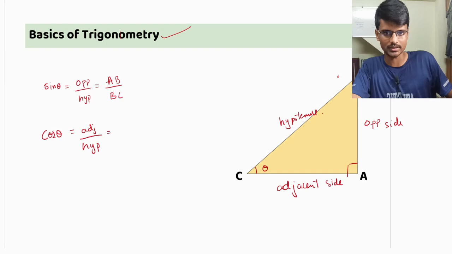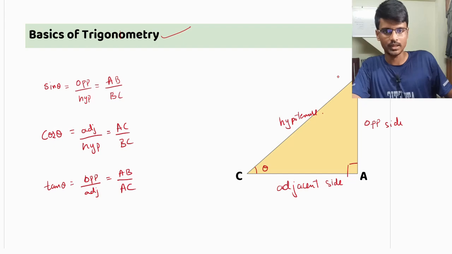You can write this down, make a note of this. It is AC by BC. Then we have tan theta, which is defined as opposite by adjacent. What is my opposite side? AB by AC.